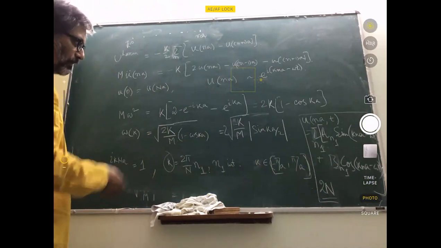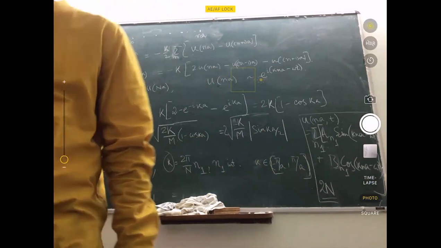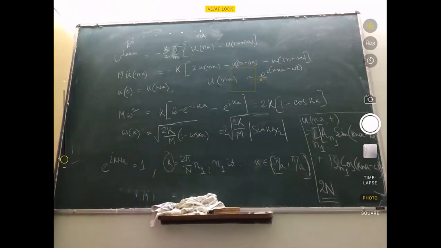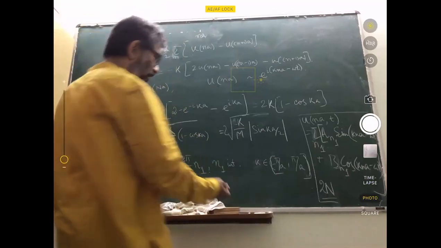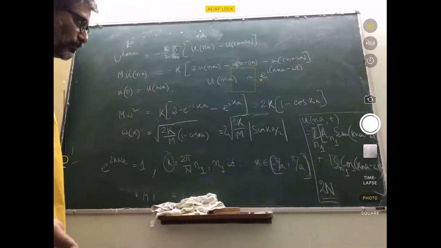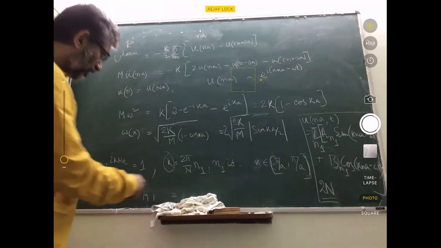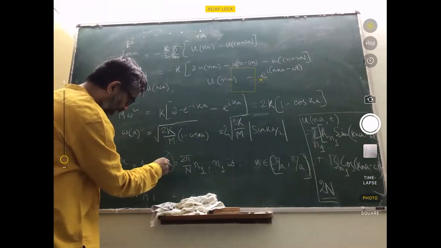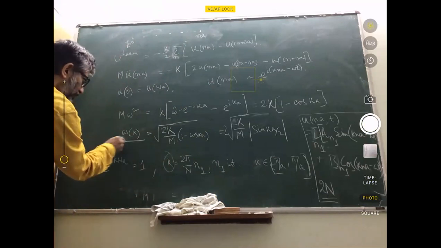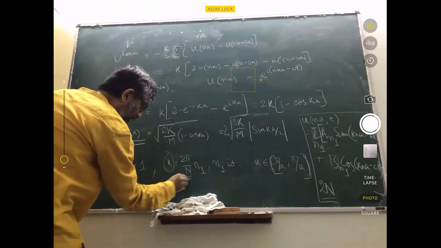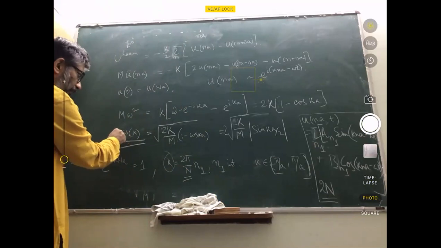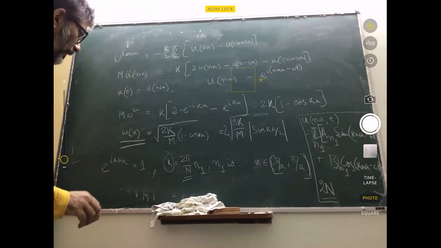So now we draw an analogy with the small oscillations that you have learned. There are N atoms to move, so they should have N normal modes. So these N values of k, at each k you have a frequency, and there are capital N k values. So there are capital N frequencies.